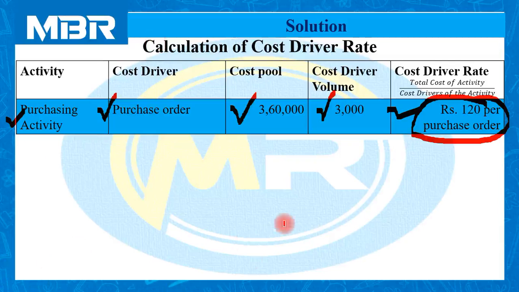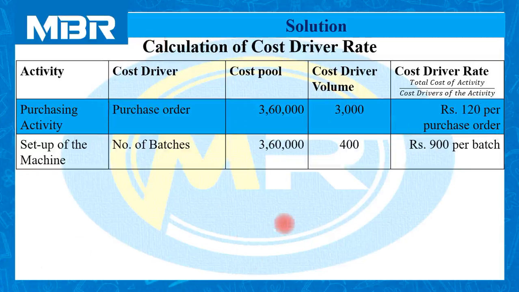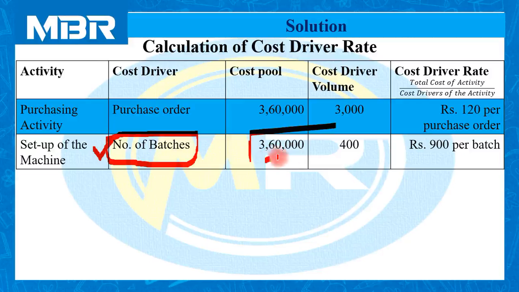After discussion of purchasing activity, let us move to the second activity. The second activity of the manufacturing organization is setup of the machine. The suitable base for the distribution of the expenditure on machine setup is number of batches, and the estimated expenditure is rupees 3,60,000. On average, 400 batches are expected to be set during the year 2020-21.